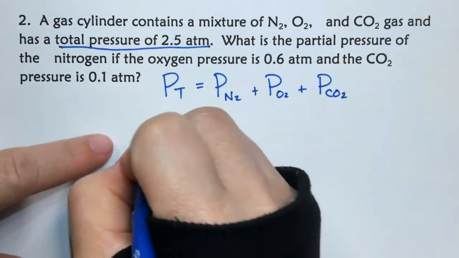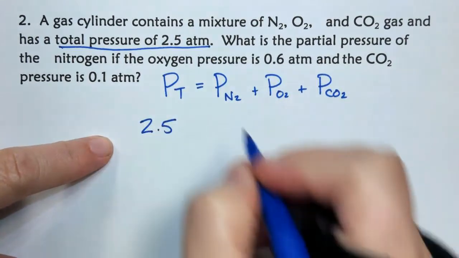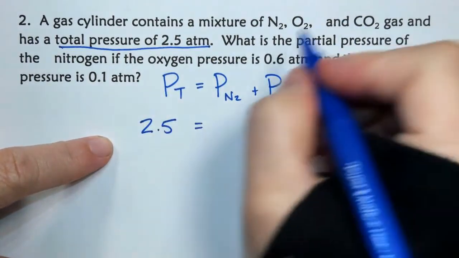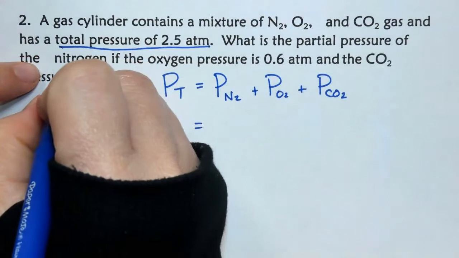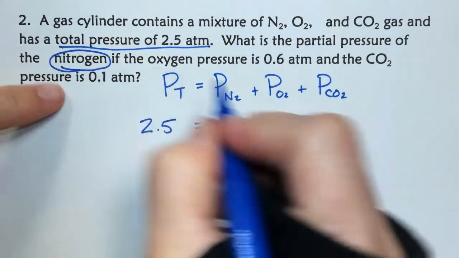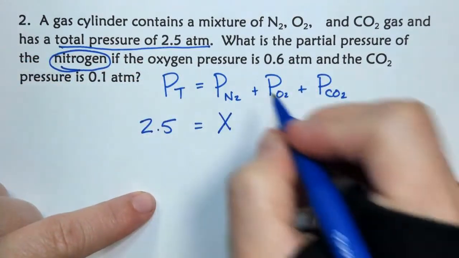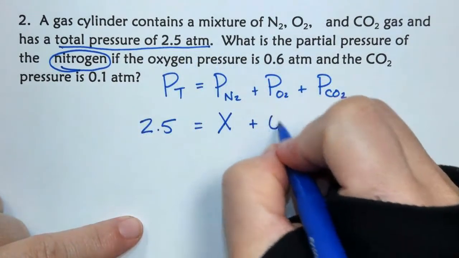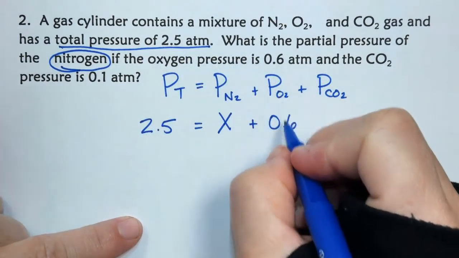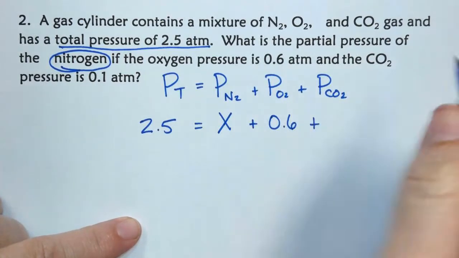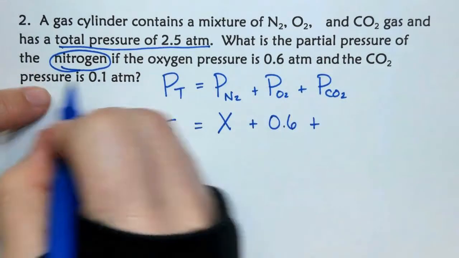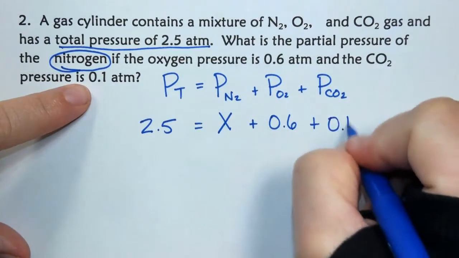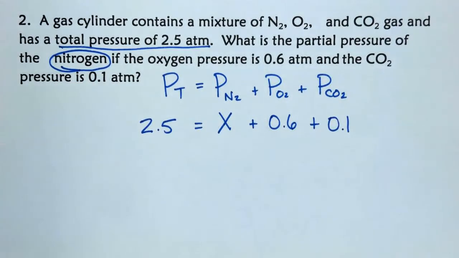So in place of the total pressure, I'll put 2.5 equals, what is the partial pressure of nitrogen? What I don't know is the nitrogen, so I'm going to put an X, plus oxygen's pressure is 0.6, plus carbon dioxide's pressure is 0.1.